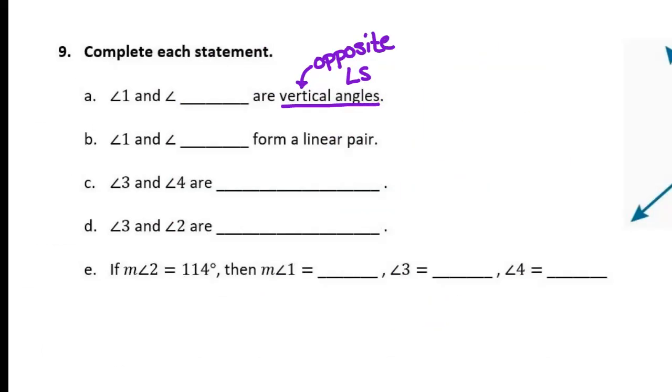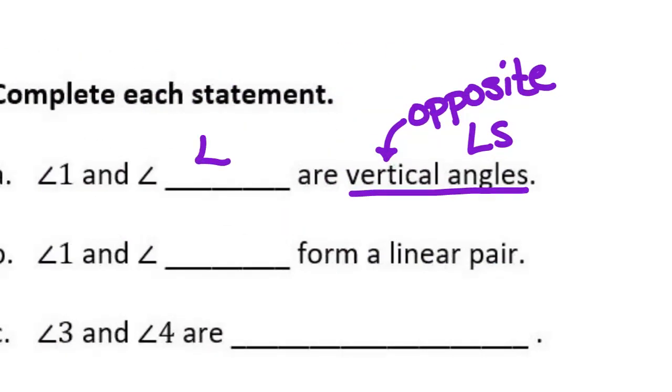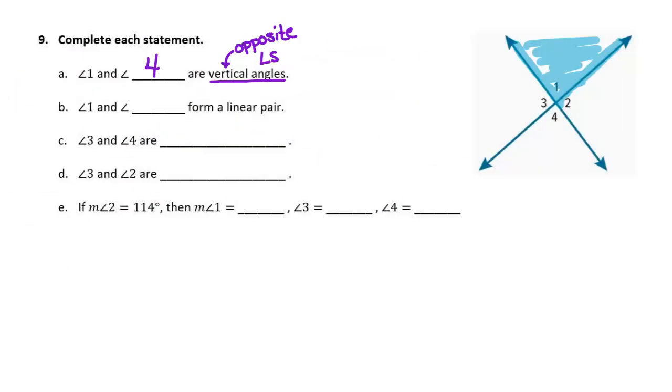You have to have an X to find vertical angles, and they are going to be on opposite sides of the X. So angle 1 is this angle right up here. Which angle is on the opposite side of the X from angle 1? Angle 4. Nicely done.